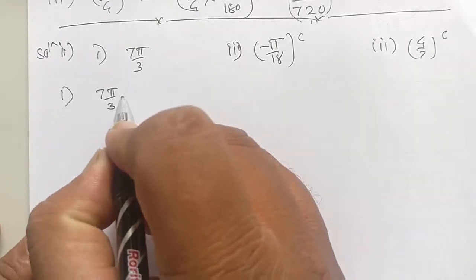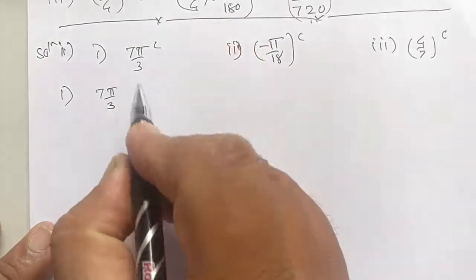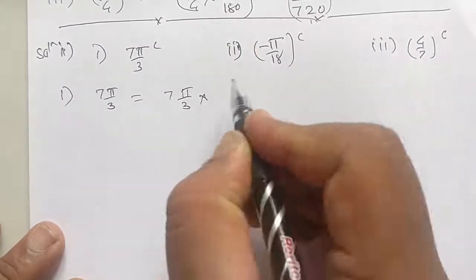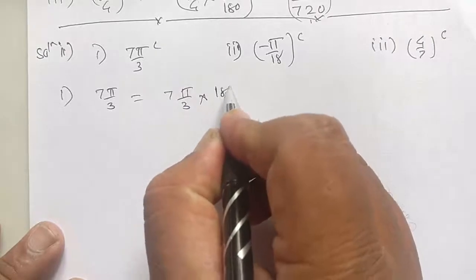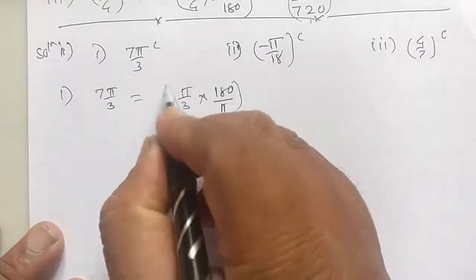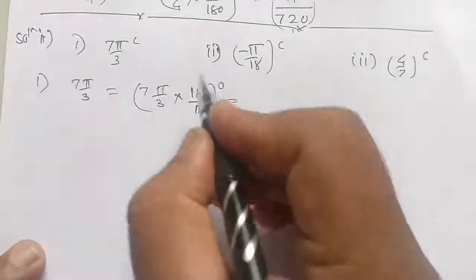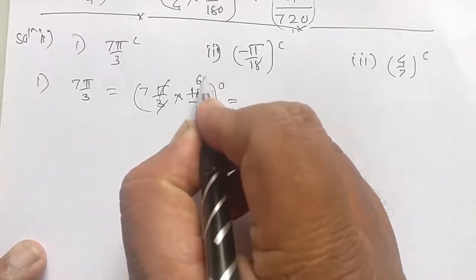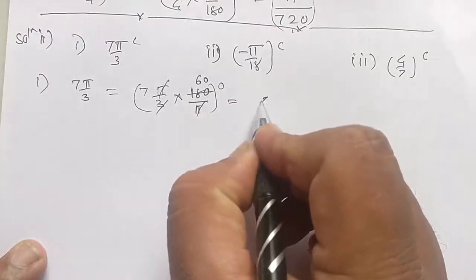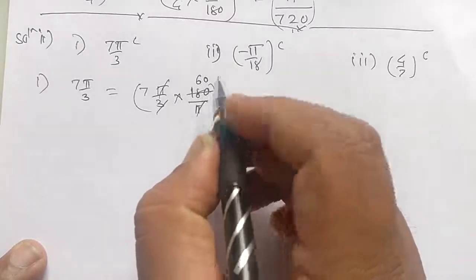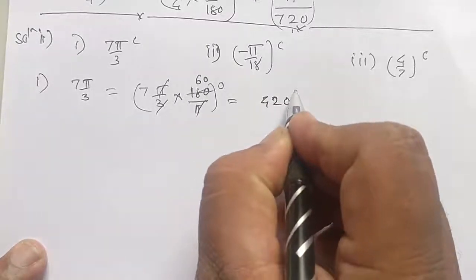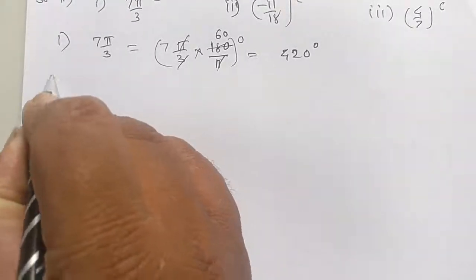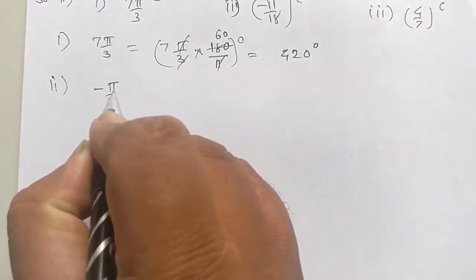Now in order to convert into degree measure, we multiply by 180 upon pi degree. Therefore pi gets cancelled, 180 divided by 3 is 60, 60 times 7 is 420 degree.